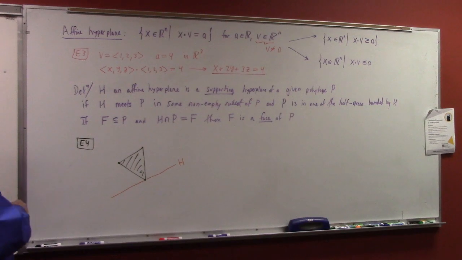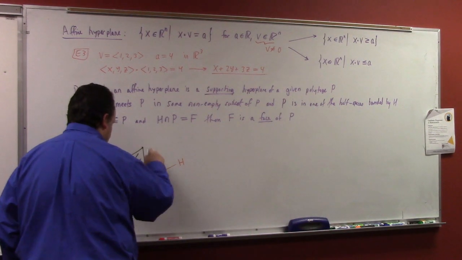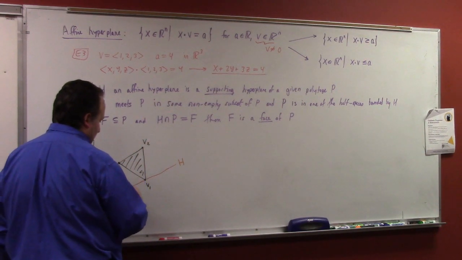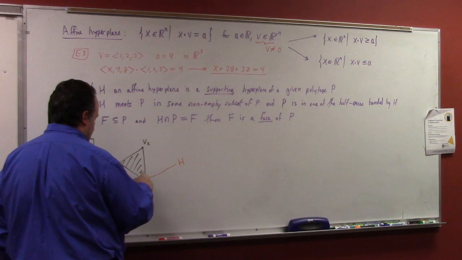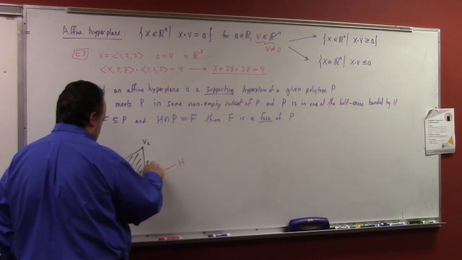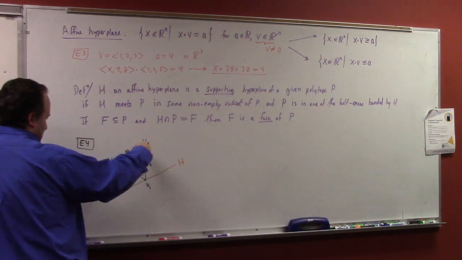And let me give labels to the vertices. Let me call this V1, V2, V3, and I'll call these edge 1, edge 2, edge 3.